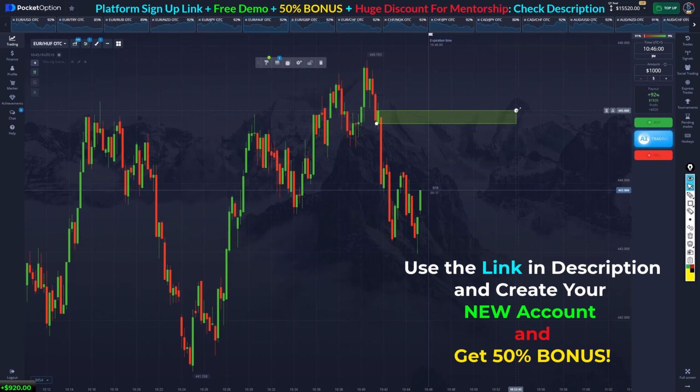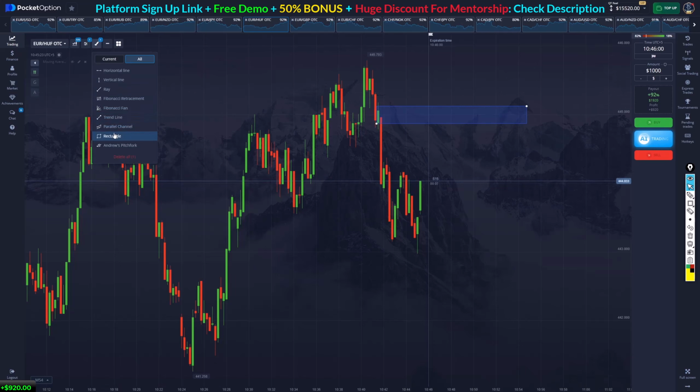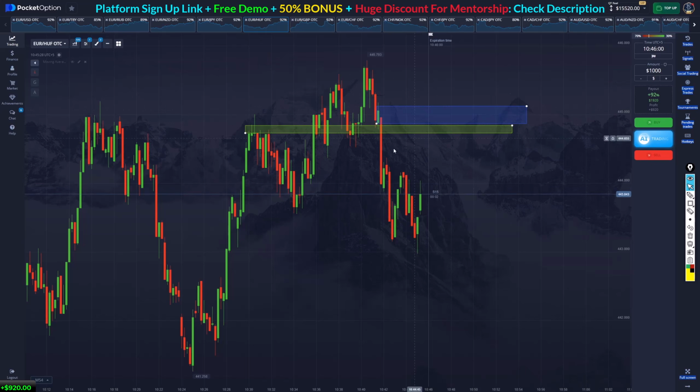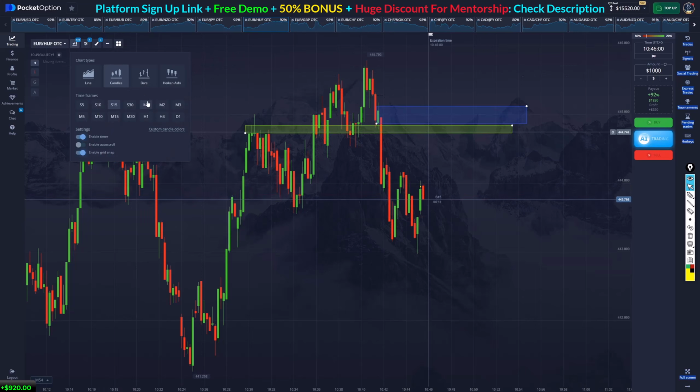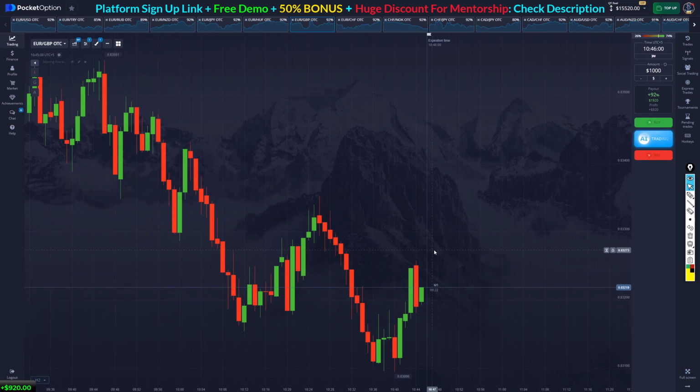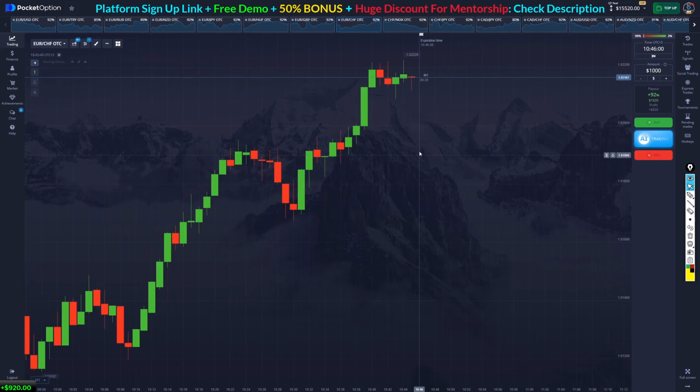All right. So this is going to be my entry, and the green zone is my QM zone. Price will come up here, boom, and I will set an alarm here. All right, so this is the QM setup, and we'll wait for it to come up.